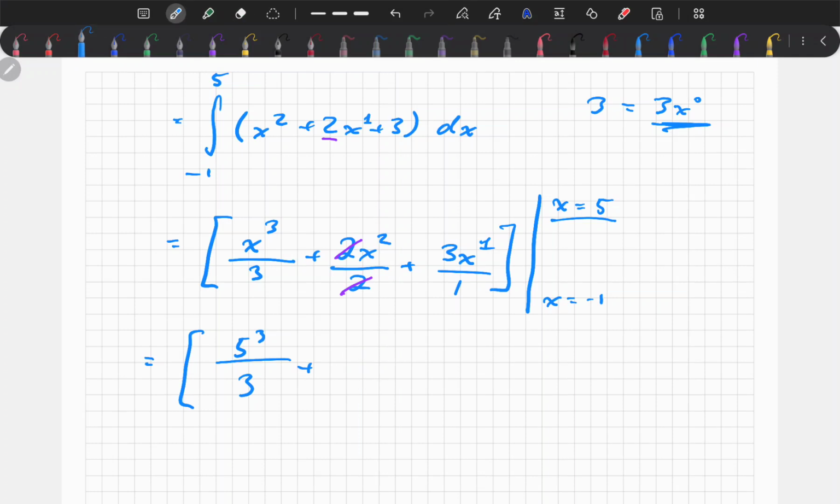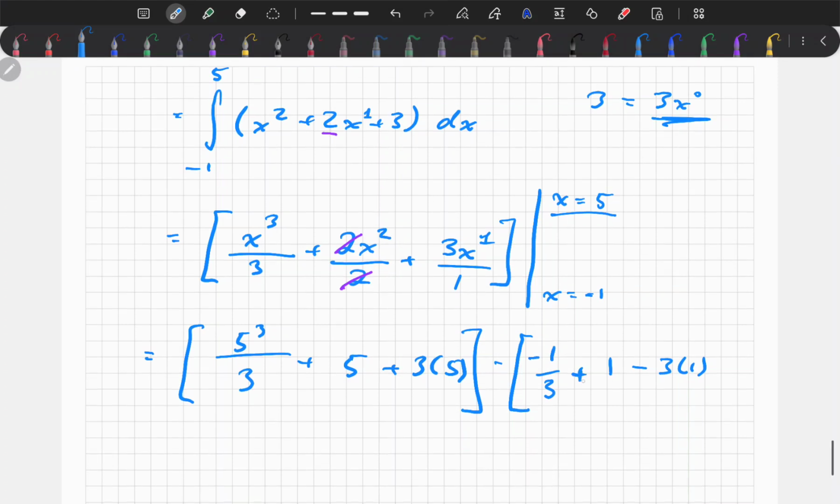Plus 5 squared plus 3 times 5 as our integral evaluated at our upper bound. So now we're going to evaluate at our lower bound. So we have -1 cubed over 3 plus 1 minus 3 times -1. We should have our -1 here. This will also be negative due to our odd exponent. This had become positive because of the even exponent.